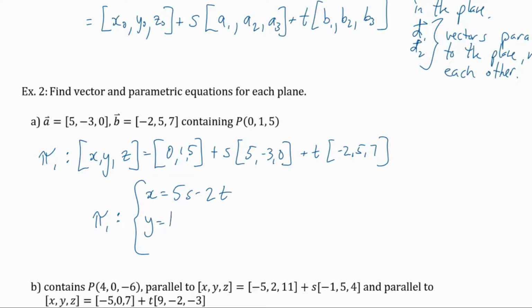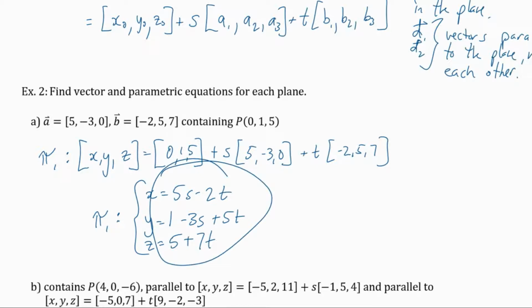Y equals 1 minus 3s plus 5t. And z is 5 plus 0s, so I'm just going to leave that out, plus 7t. Obviously, we want to streamline this, and if we have zeros, we want to leave them out, but don't be confused by the fact that there are some constants and variables missing. It's because of the zeros that are in the vector form of the equation.